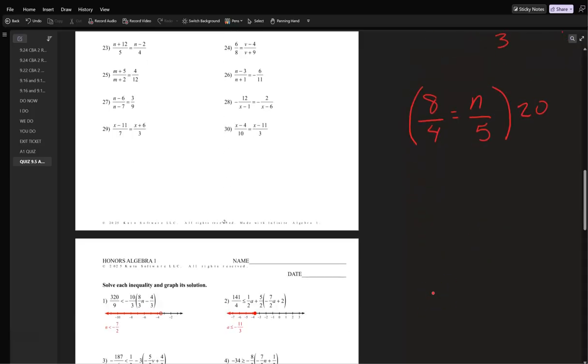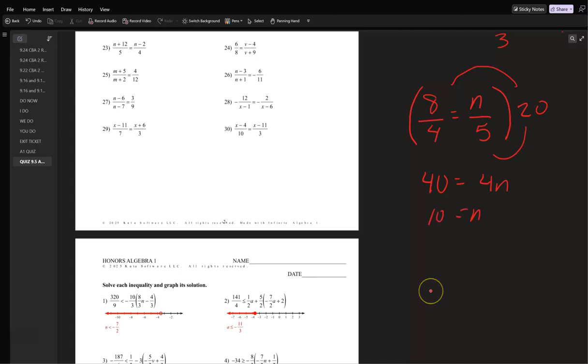So you guys can afford the mental math. If I distribute it to this term, 20 divided by 4 is 5, times 8 is 40. Now I distribute it here, 20 divided by 5 is 4 times that. You do the quick math, and equals 10.